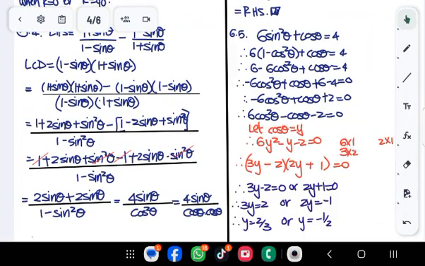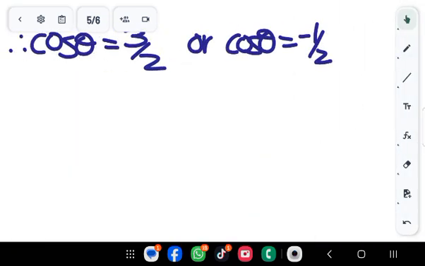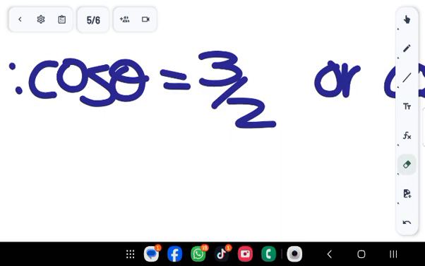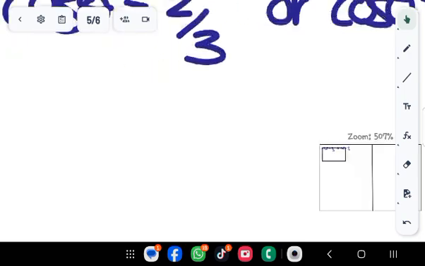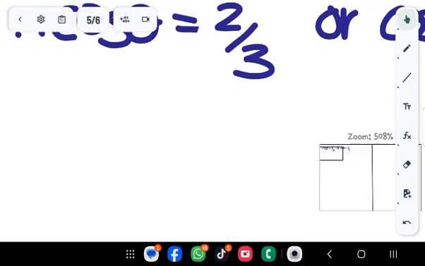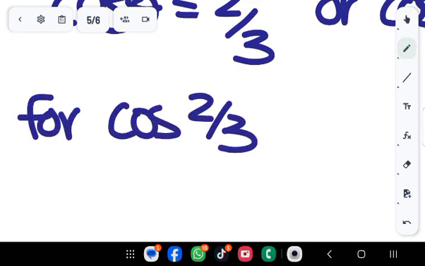Yes, that is 2 over 3, not 3 over 2. Sorry about that. 2 over 3. Let's fix that. Now let's work on each one of these. Let's start with cos of theta equals 2 over 3.